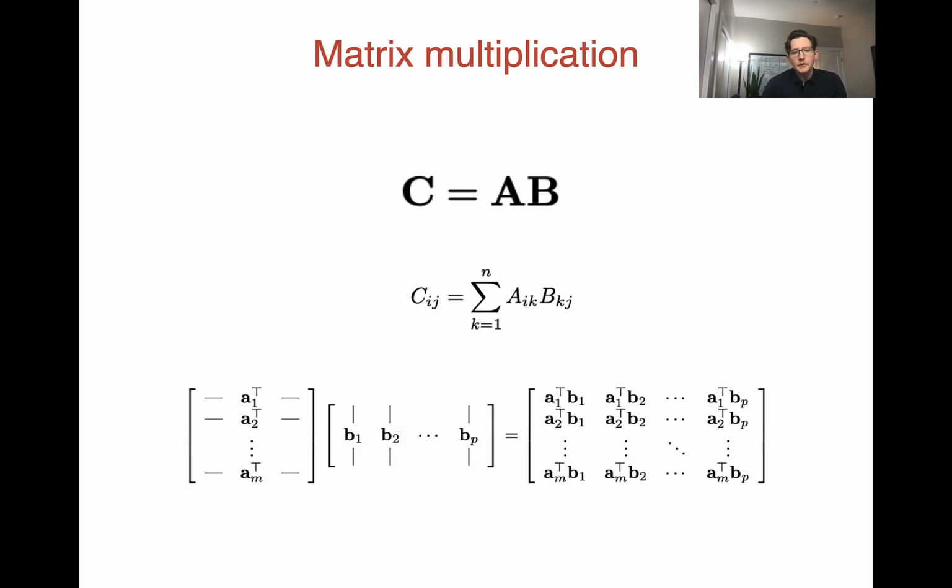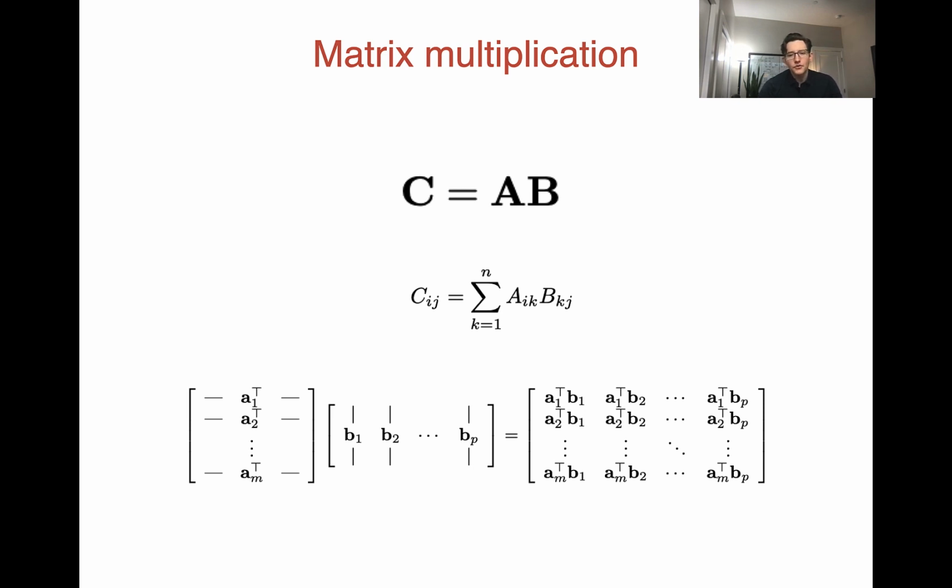Here's another way to think about matrix multiplication that I think is often more useful for one's intuition. The ijth entry of C is the dot product of the ith row of A and the jth column of B, and so on for all the other entries of C. There are some other ways to think about matrix multiplication, and I think each one is useful in different cases.